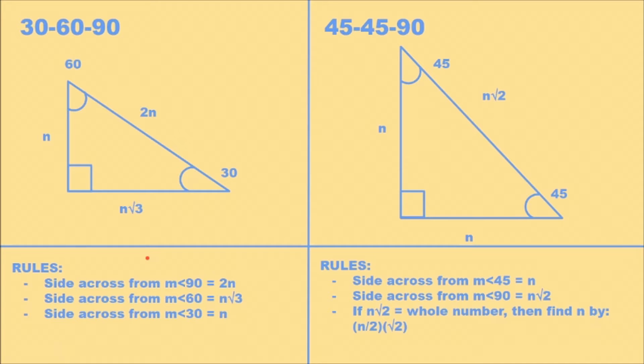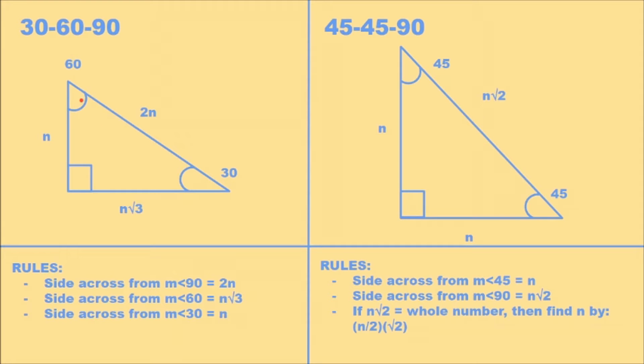If you remember trigonometry, you know that we had to go across an angle to a side many times. That's finding the opposite side. You're going to want to do something like that here. If you get a triangle with just the angles and you don't know which quantity is which, across from the 90-degree angle is always going to be 2n.